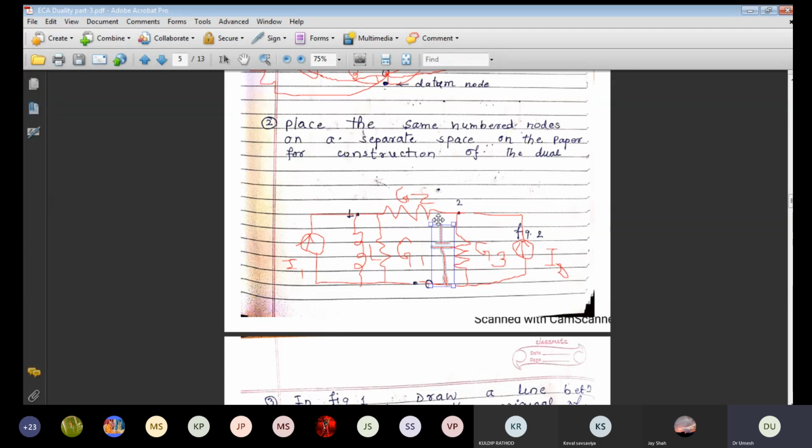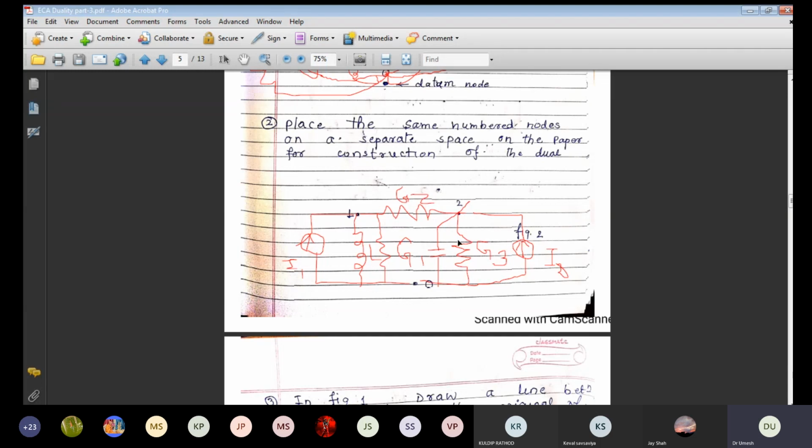So this will be, so it is connected resistance like this.